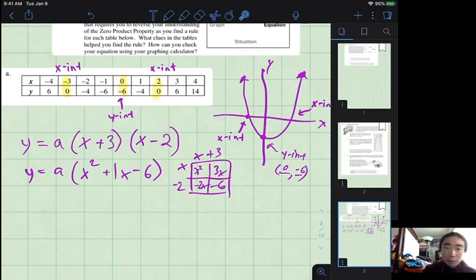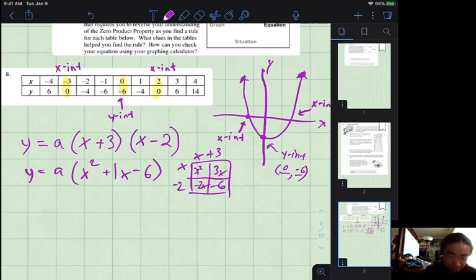I want you to be sure that, because last year when I taught this, I underemphasized the a value at first, and lots of students missed it. They lost points because they got the right intercepts, but their stretch factor, or this a value, was off. So I might be overemphasizing it this year, but only about a third of you are hearing it out of my class of about 60. So we'll see.